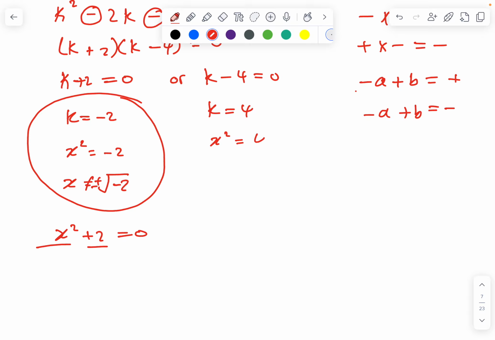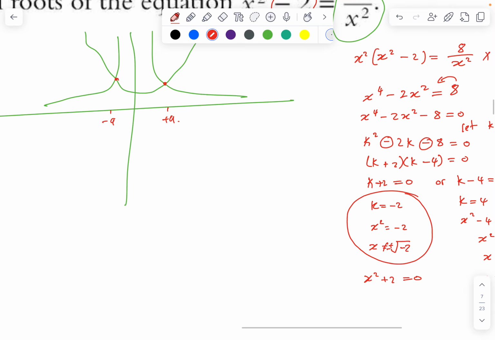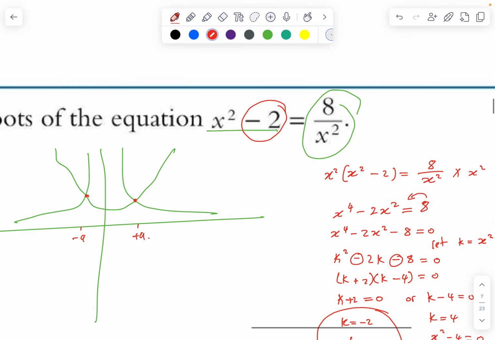If you take this 4 to the other side, so you say x squared minus 4 equates to 0, these are opposite signs, so it will work out. We already know that. So x squared equals 4, and then x is plus or minus the square root of 4, which is plus or minus 2. Remember I told you that if it's A, the other one will be just negative A. So it's very important to also know your graphs as well.